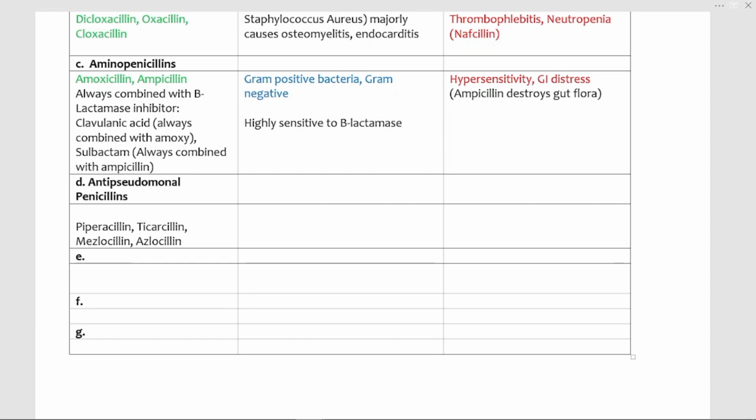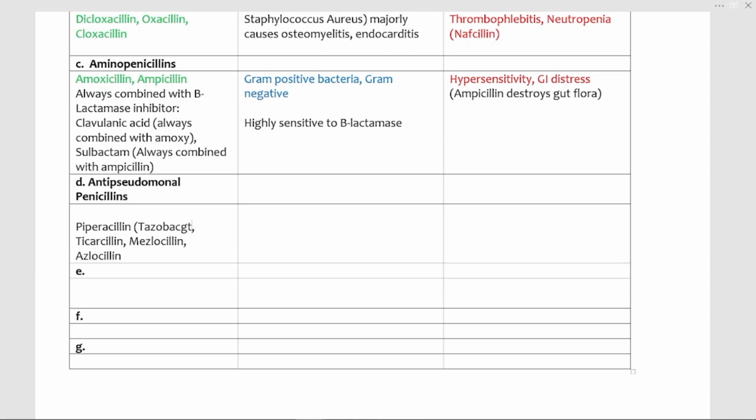But just like the aminopenicillins, these drugs are also sensitive to beta-lactamase. That being said, one of the majorly used drugs under this category is piperacillin, and it's always combined with tazobactam, a beta-lactamase inhibitor.